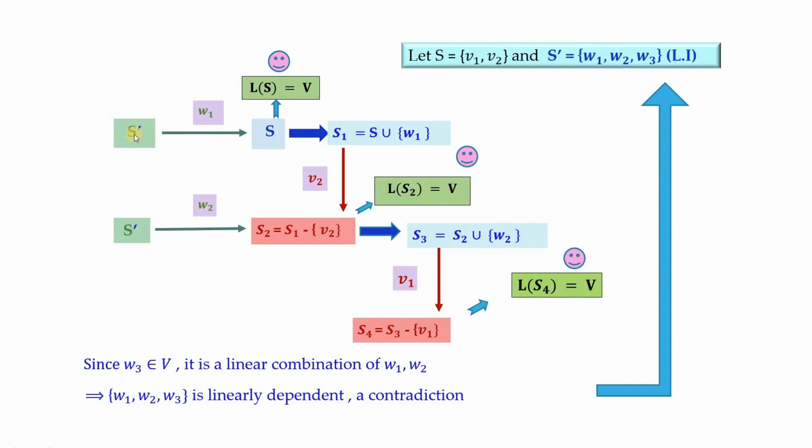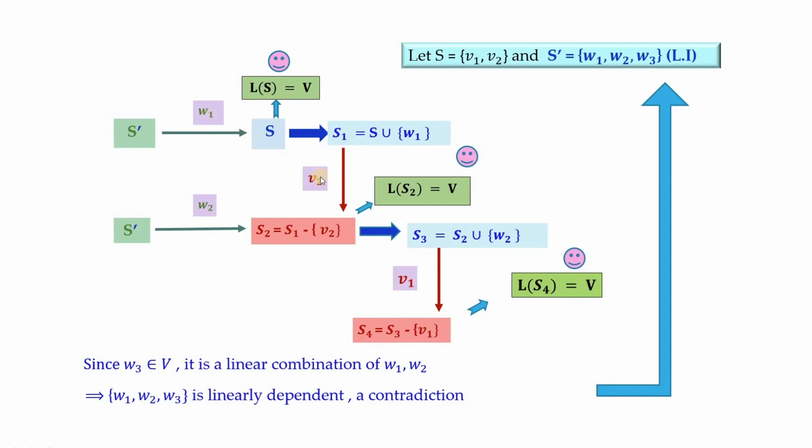Given S prime, this one which is linearly independent, from that we are taking W1 and supplying that. So we include this W1 to S, and that results in the exclusion of a V, and the resulting set still spans V. We include from S prime W1 to S, and the resultant set S1, because it's linearly dependent, one V is excluded.